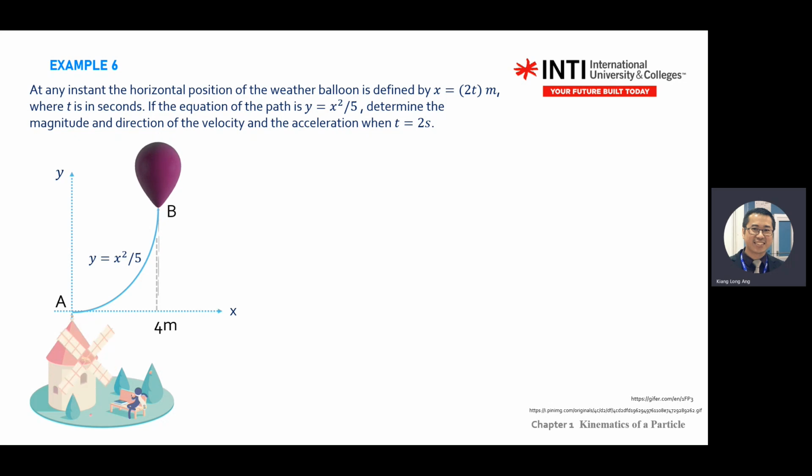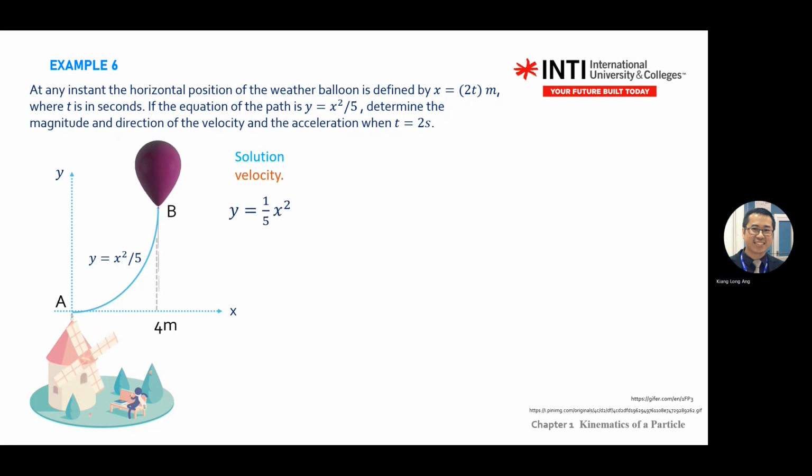So this question, what we have derived just now, right? The definition of position, the definition of velocity, the definition of acceleration. Okay, velocity. How do you find velocity? We have y and x.